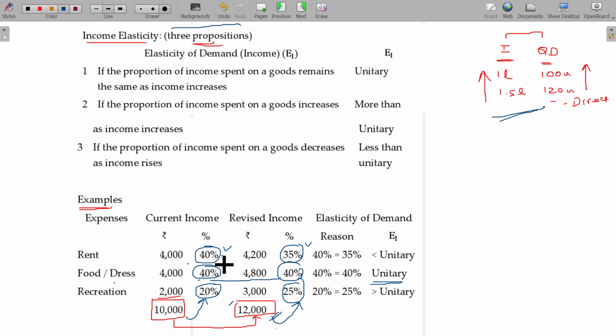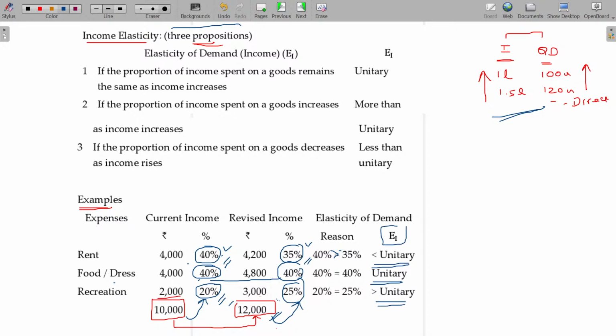The proportion of amount you spend for rent is now decreasing to 35% because of the change in income. Then it means less than unitary elasticity. Less than unitary. And in recreation, earlier you spent only 20%, now you are spending 25% of your increased income. Then you are happy to spend this money, right? So this is called more than unitary.